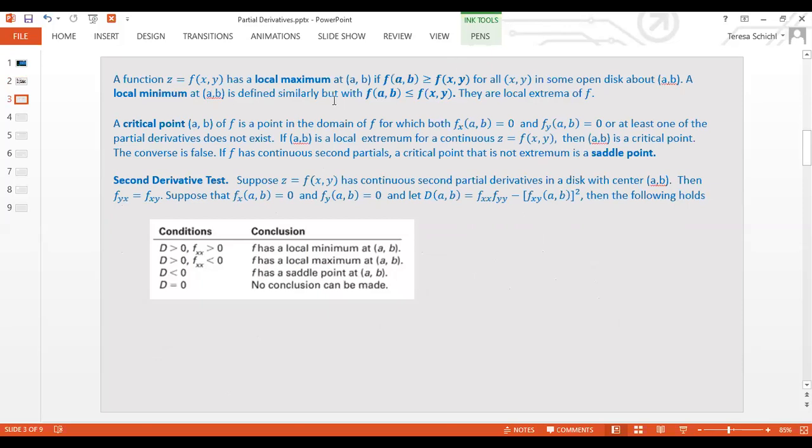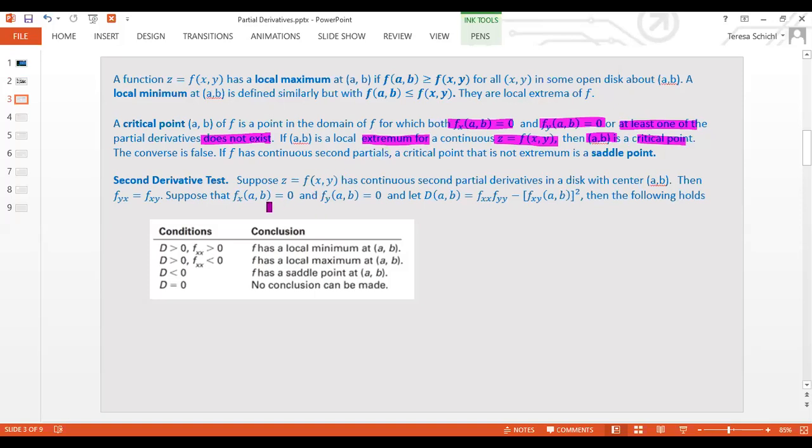If the function has a local max or a local min, then the critical point is where you set the first derivative equal to 0, because I have the partial for x and the partial for y, or at least one of the partial derivatives does not exist. So it matches perfectly with Calculus 1. Also, if there is a local extrema at z equal to f of x, y, then (a, b) is a critical point.